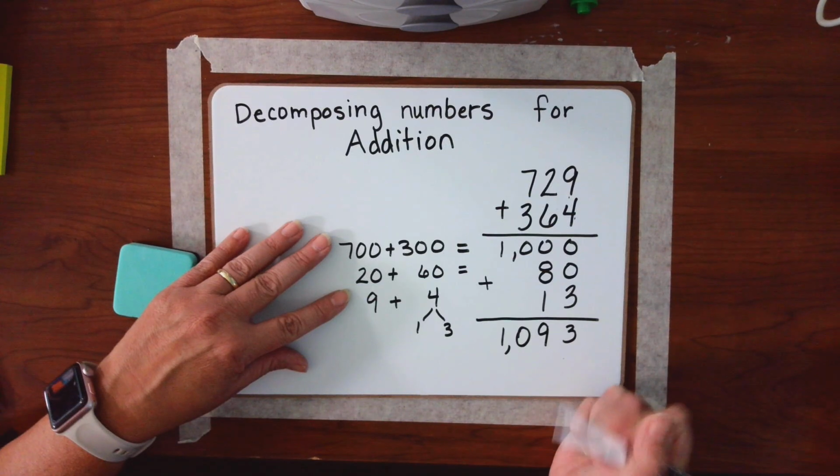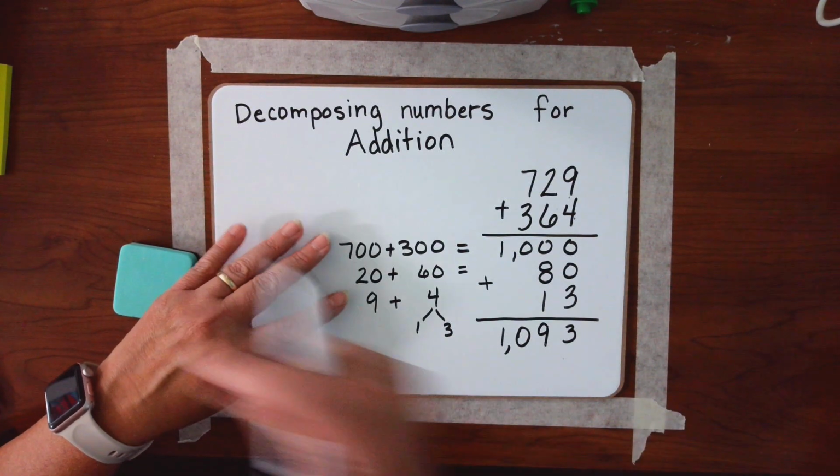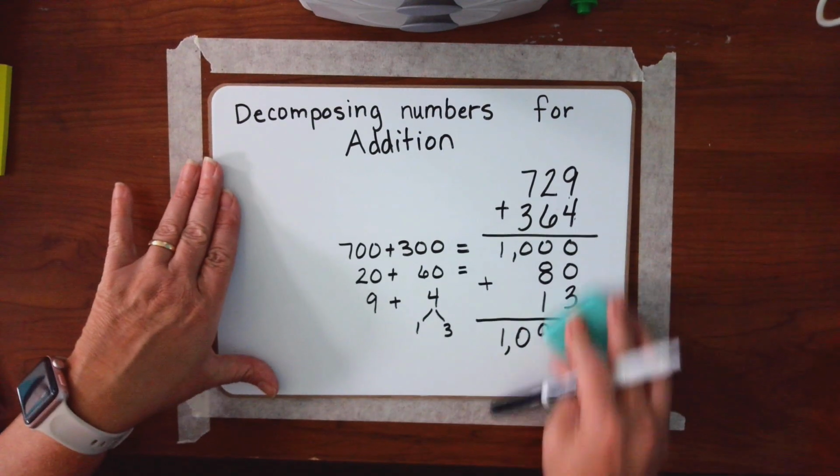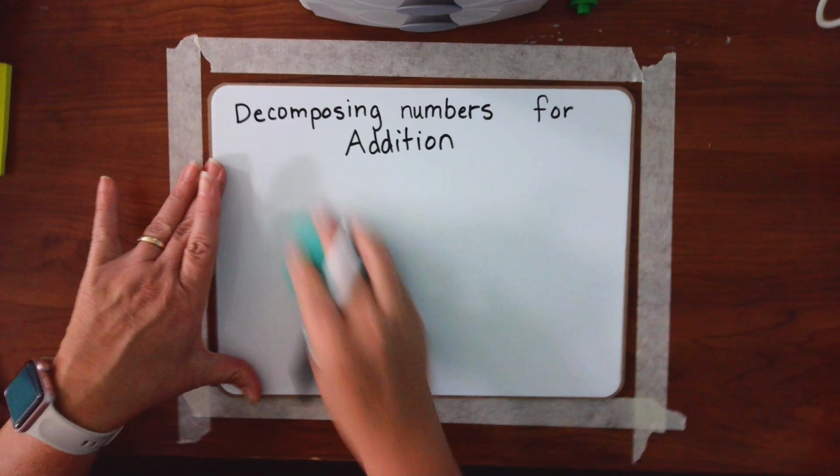Make sure to put your comma because we count back 3, and it's 1,093. So this is another way that we can use partial sums in decomposing for addition. Okay, so that's Miss Haycraft teaching you how to do it.